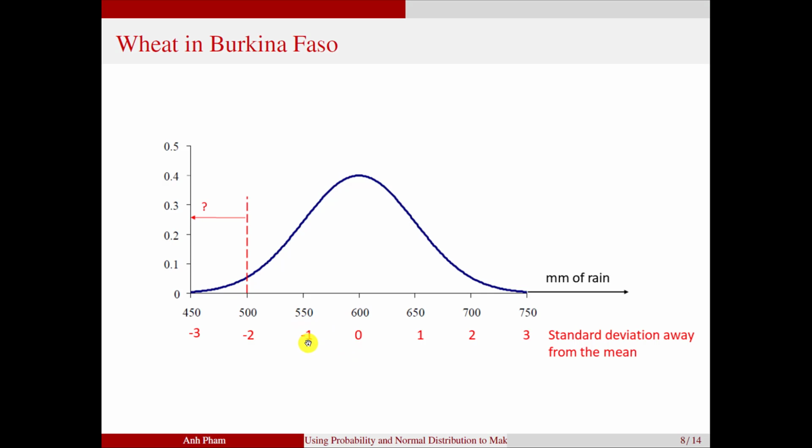So our unit here is how many standard deviations away from the mean the observation is. This is an example of how any normal distribution can be transformed into the standard normal distribution if we know the mean and the standard deviation.